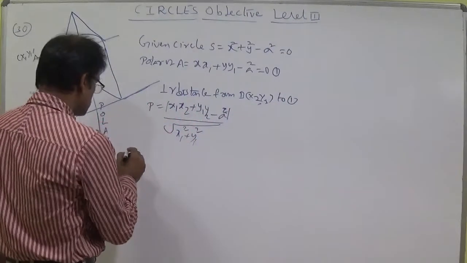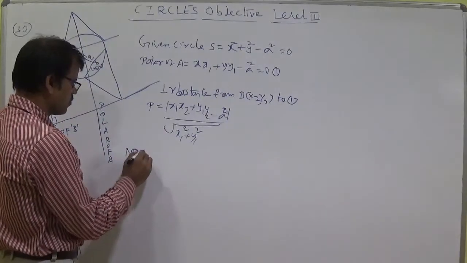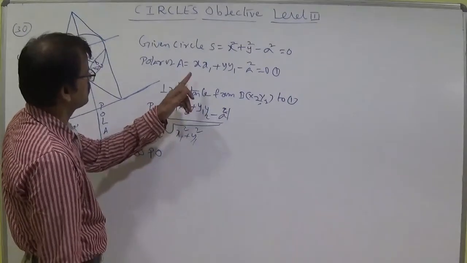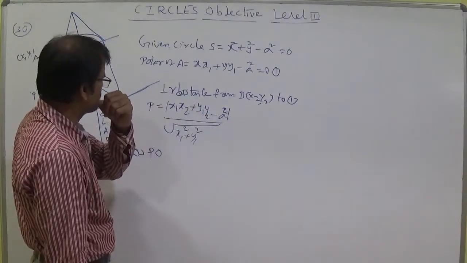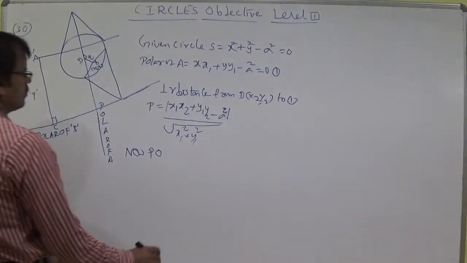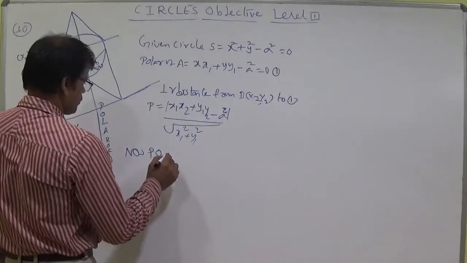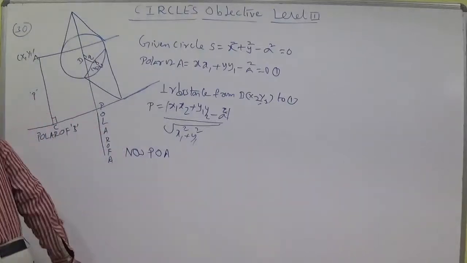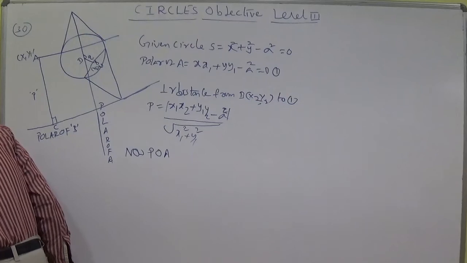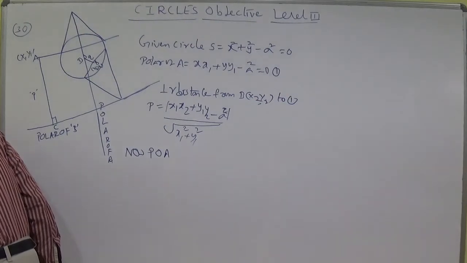Now let us discuss. Now I am writing P, here x2, x1 square plus y1 square, x1 x2 plus y1 y2, POA. POA is there according to the options in the 30th question, whether it is the second option or third option.